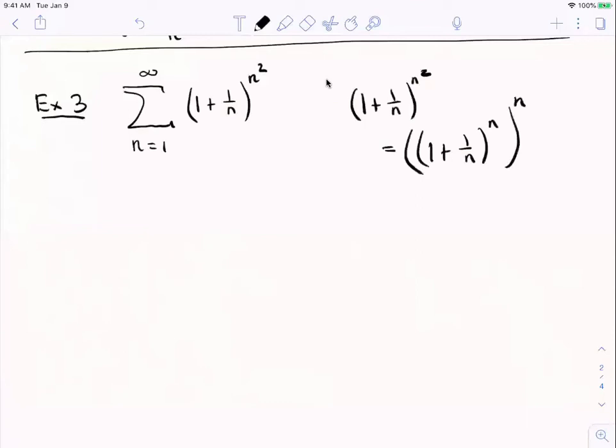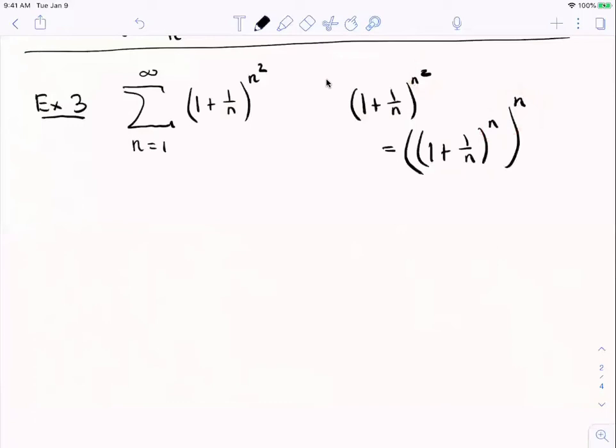So another way to think about (1 plus 1 over n) to the n squared, you can think about it as (1 plus 1 over n) to the n, raised to the n. Yeah, because you multiply those two exponents together and you get n squared. All right, so we're really stretching the rules of exponents here.